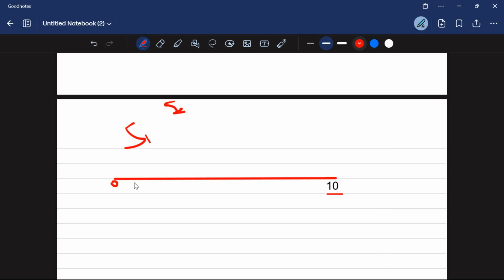Let's consider there is 1 here, 2 here, 3, 4, 5, 6, 7, 8, 9. So this is the range line.